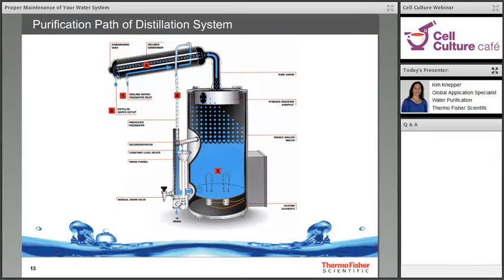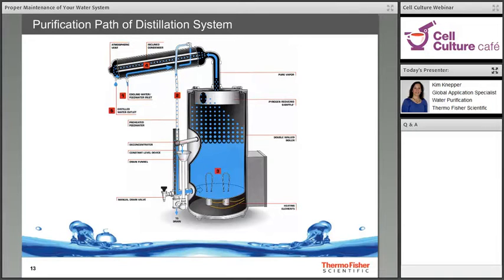So next, let's talk about how some of these systems work. So as we mentioned, distillation in this one process produces water that is pure of ionized solids, bacteria, and endotoxins, and most gases and organics. Now, in a classic still, a boiler contains potable water that is heated to boiling, and the steam rises up through a baffle or a steam trap that forces the vapor through directional changes to further scrub the steam of any impurities.